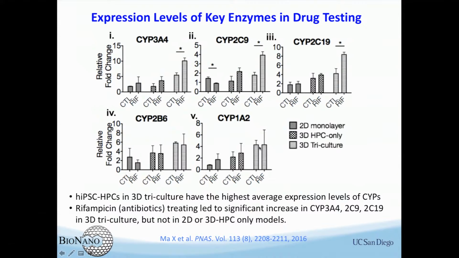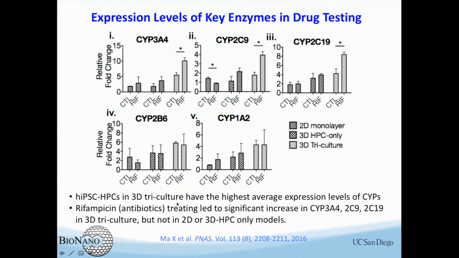And then last, we want to make sure this kind of 3D printed liver tissue can be useful for testing drugs. As I mentioned, pharmaceutical companies are looking for this kind of in vitro tissue model, especially human tissue models, right? So we actually tested one known antibiotic.